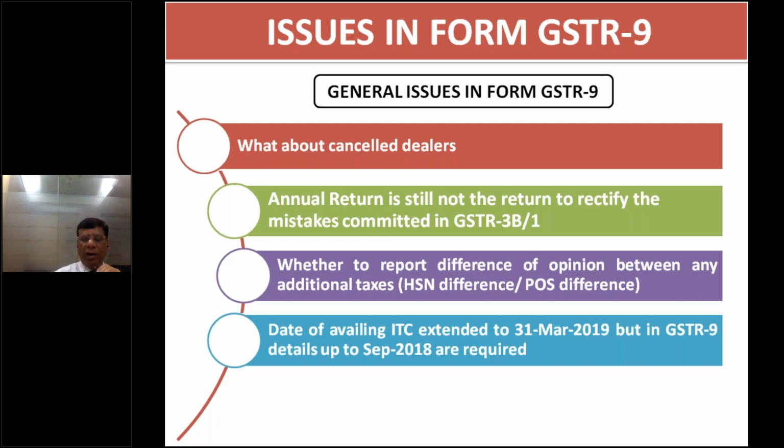Now here in Part 2, we are supposed to give details of the returns filed for the year 18-19, and in Part 5 we are supposed to give details which relate to the earlier year but are being carried into the subsequent year up to 31st March 2019 instead of 30 September 2018.